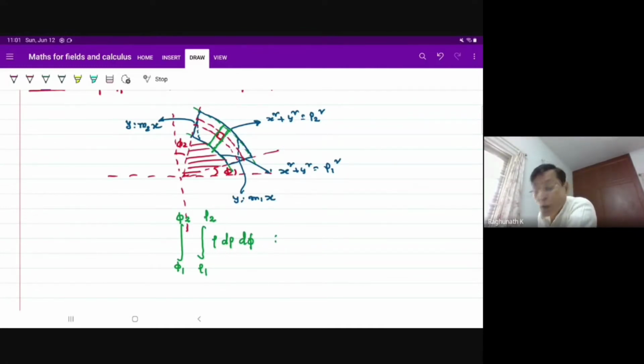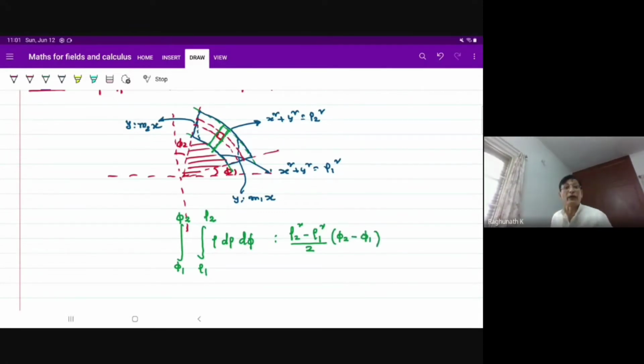Rho squared by 2, which became constant now, and integral d phi from phi 1 to phi 2 is phi 2 minus phi 1 in radians. Definitely phi 2 should be greater than phi 1 always.